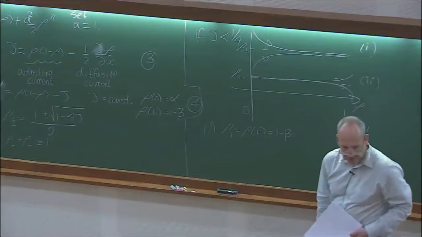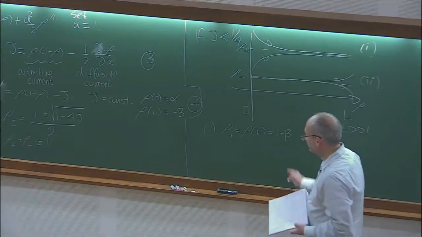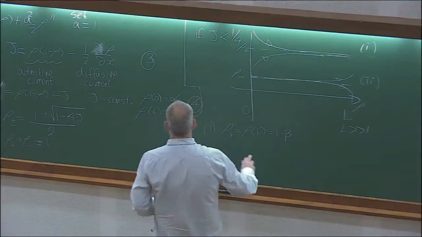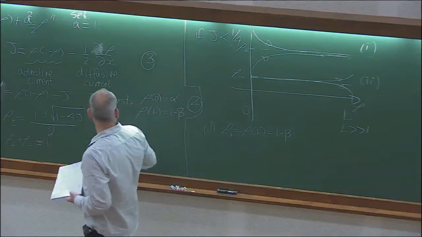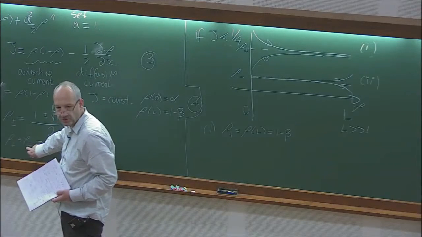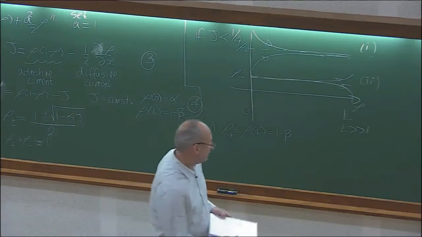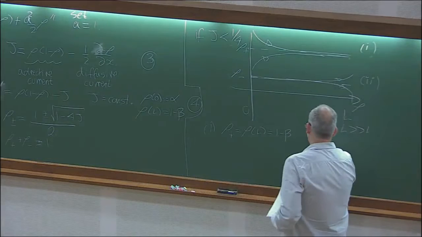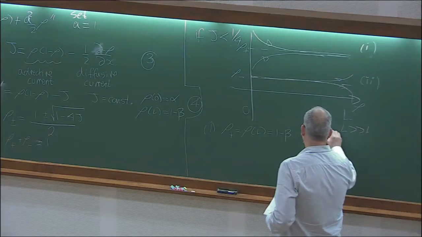So that's what I need. And from the condition rho plus plus rho minus equals 1, I know that rho minus equals beta.